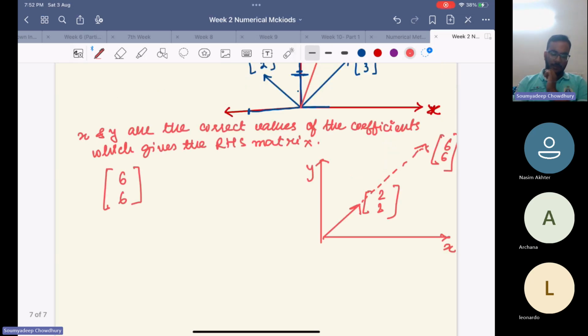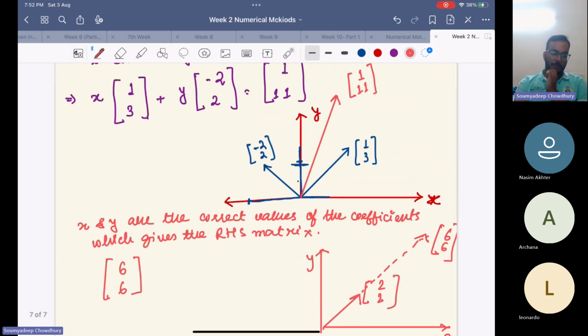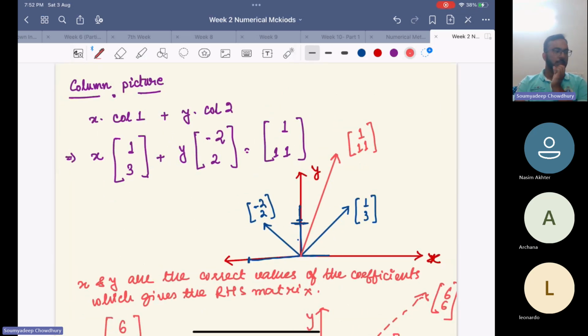Here, suppose (1, 3): if I multiply the first vector by 3, what will I get? (3, 9), right? If I try to draw (3, 9), it will be on this same line because I'm just multiplying by a scalar.